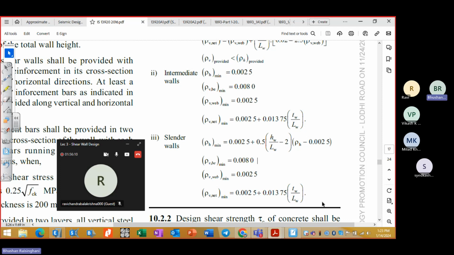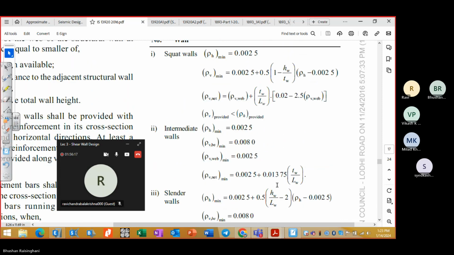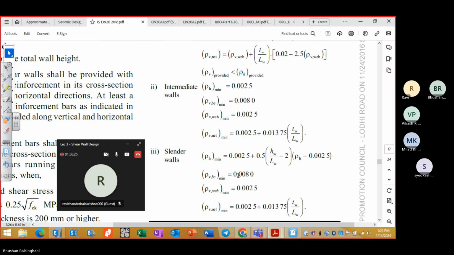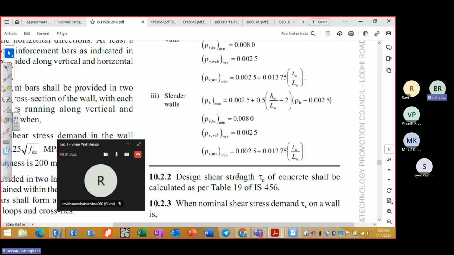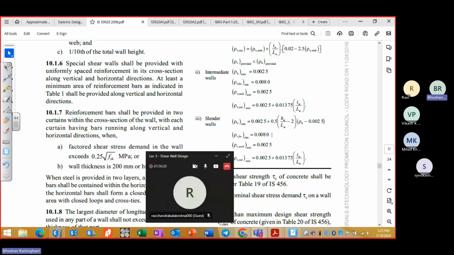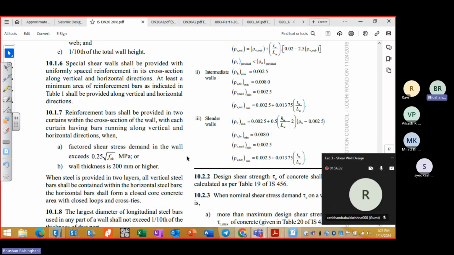In all cases, you need to check that. It will always be more than 0.25%. Okay. So select your particular case and reinforcement accordingly.